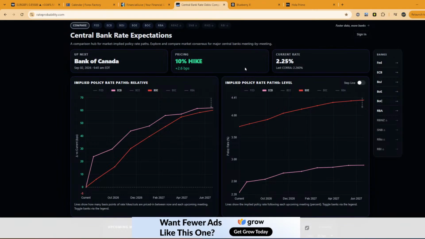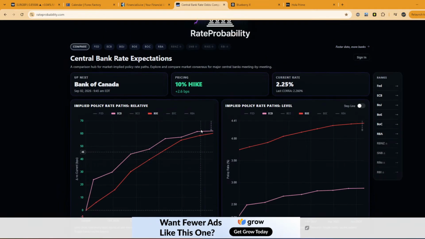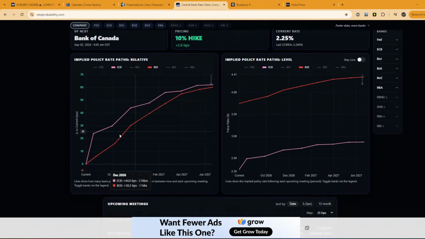There are a lot of tools to find this expectation. The rate expectation is in favor of the euro. The ECB, the European Central Bank, expectation is more hawkish. You can see the pink line compared to the red line, which represents the expectation from the Bank of England, the BOE.